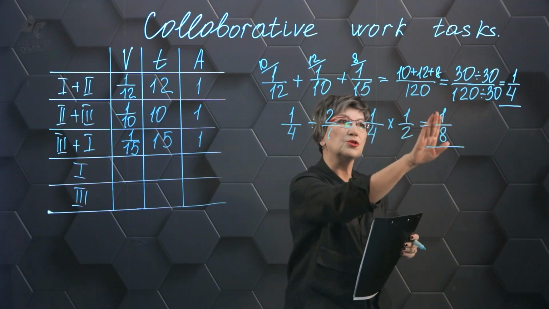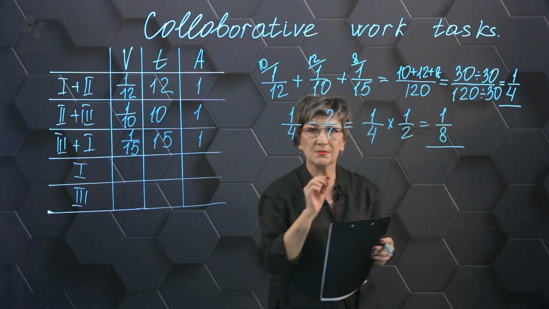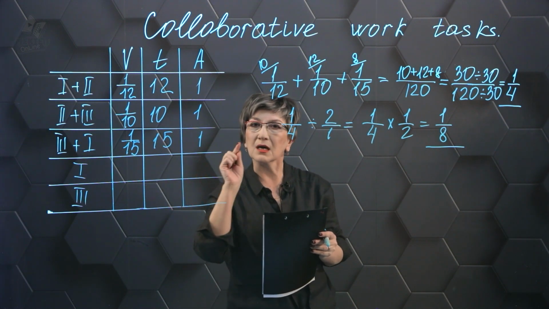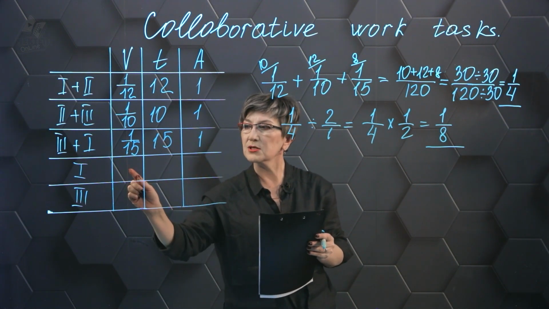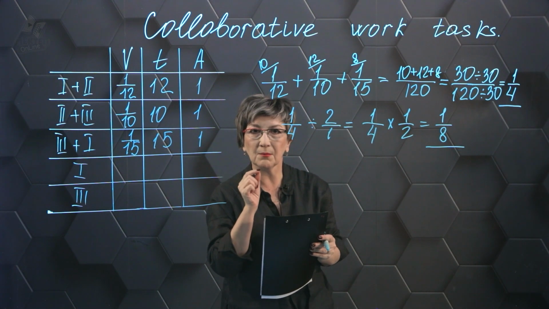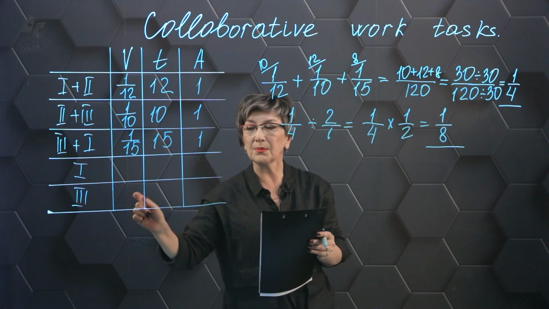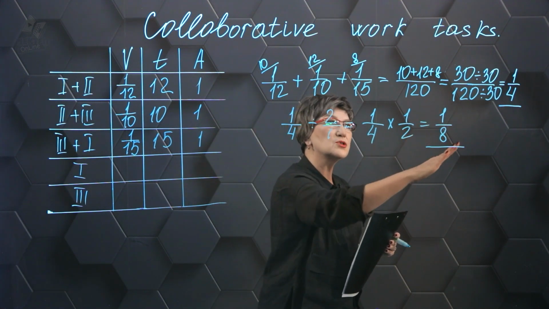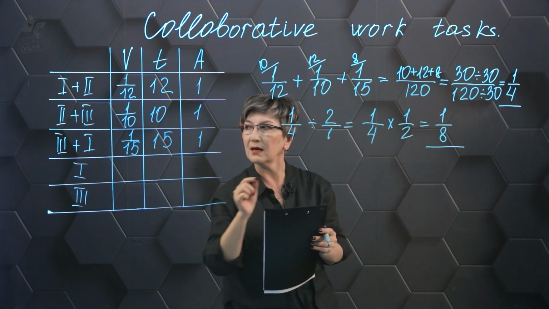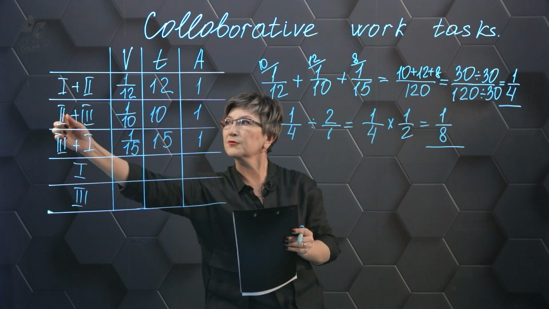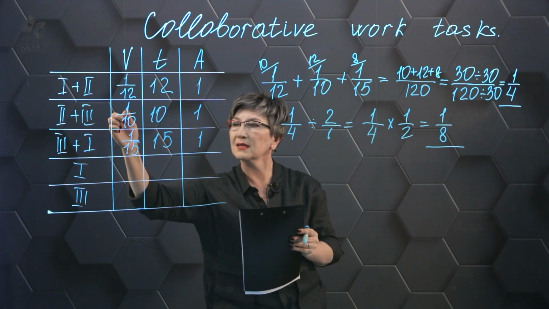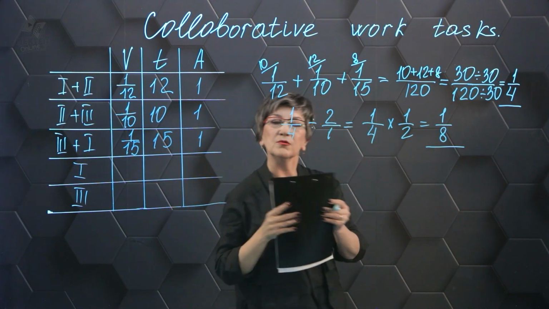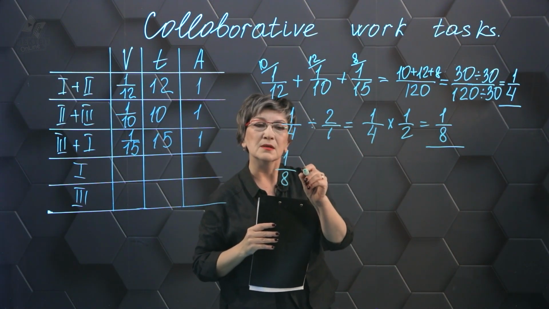The productivity of the 3 companies together is 1/8, but the question in our problem was, how long will it take the first company to build this house? And how long would it take the third company to build it? So if the total productivity is 1/8, and the productivity of the second and third company is 1/10, then what do we do? We subtract 1/10 from 1/8.